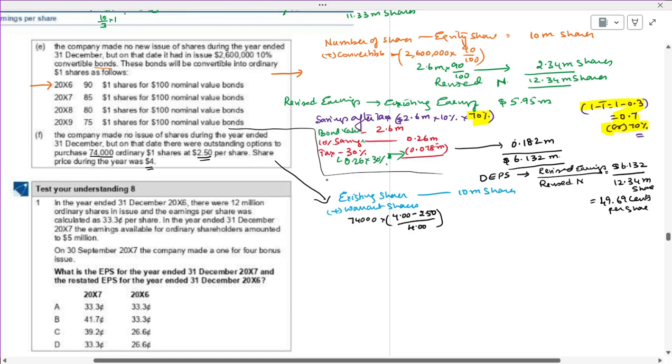How much will you get? 74,000 times 1.5 divided by 4.